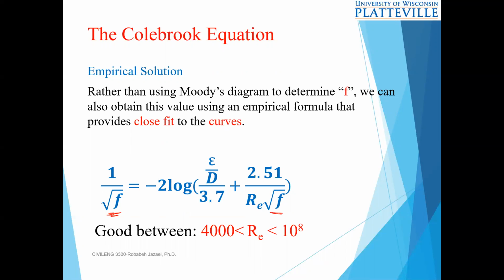But it's good for Reynolds numbers between 4,000 and 10 to the power of 8, and it's a close fit compared to Moody's diagram. I think Moody's diagram is way easier to use compared to the Colebrook equation. But this is one of the equations that might be useful to know.